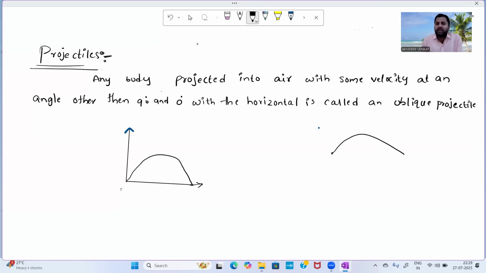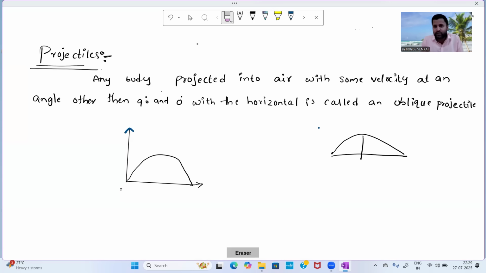When watching cricket matches, they sometimes show a height and a range, like a maximum range of 92 meters and a height of 21 meters. How we can calculate this height and range, we can discuss in this topic.